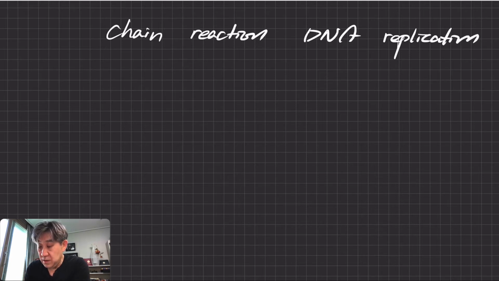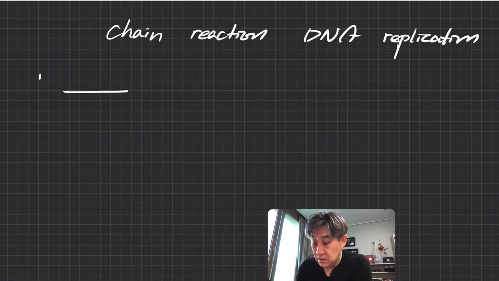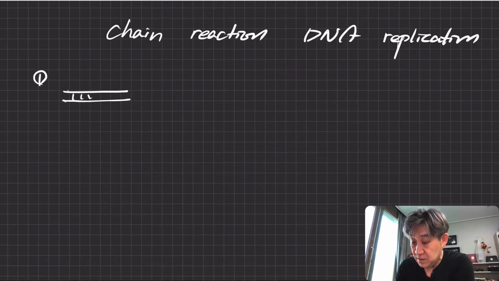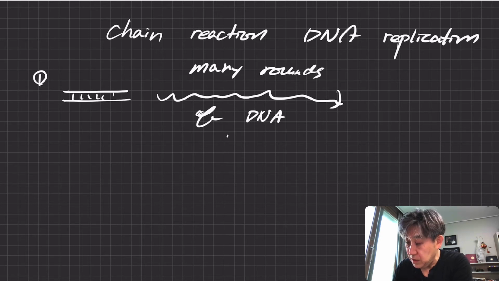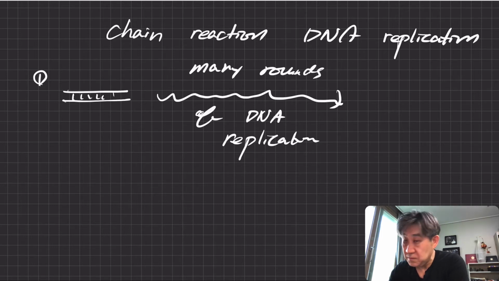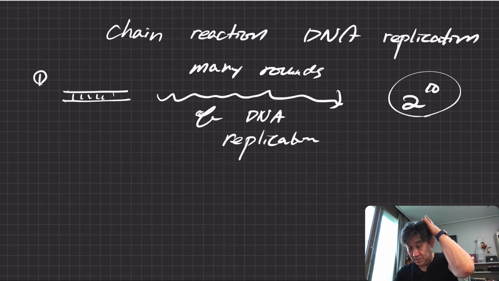Originally you have a single copy of a DNA fragment, and if you go through many rounds of DNA replication, you end up with something like 2 to the power of 10 copies, which is tremendous.